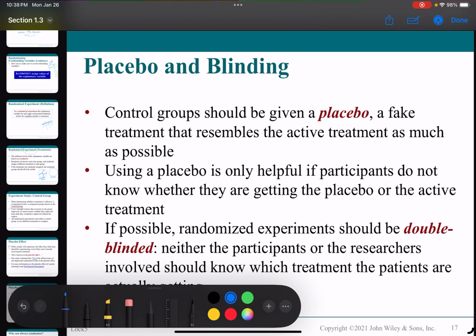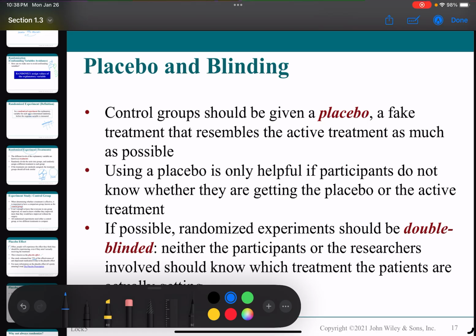So two layers of randomization. We call that double blinded. If possible, we can go for this double blinded randomization as well. But sometimes we have some limitations that I'll discuss in the next slide. We cannot make it in practice.